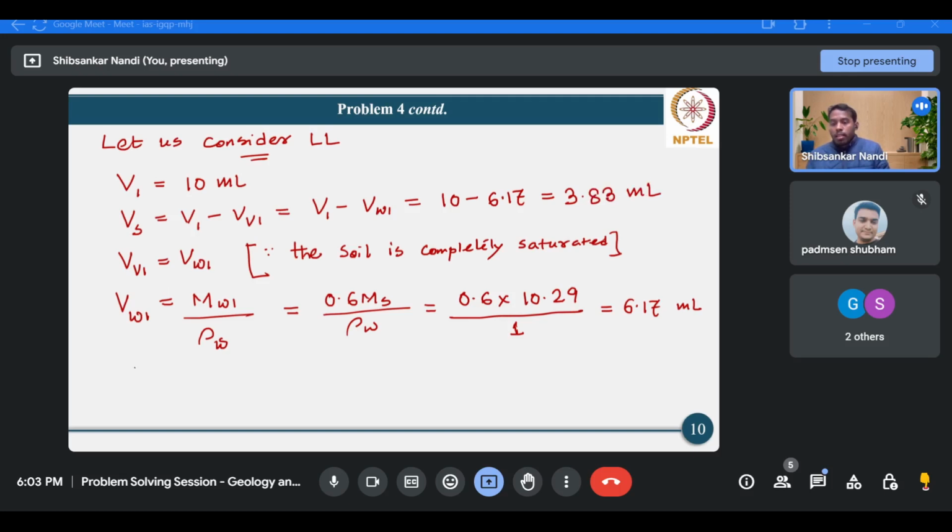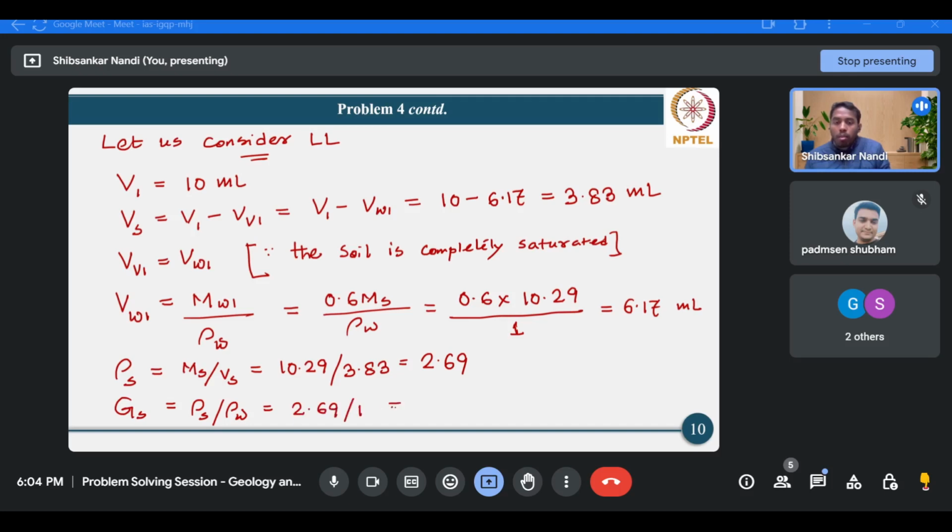Now if we know Vs, we can calculate the rho S value, Ms by Vs, that means 10.29 divided by 3.83, which is 2.69. So therefore GS would be rho S by rho W, so 2.69 divided by 1.